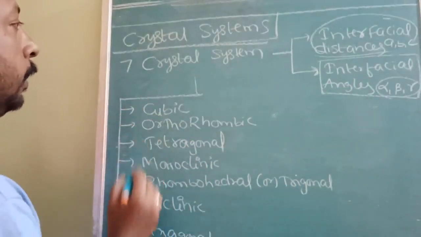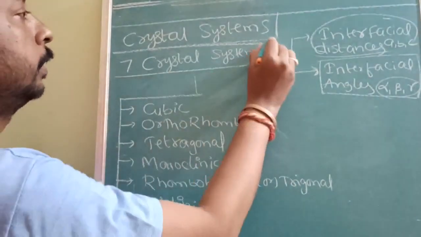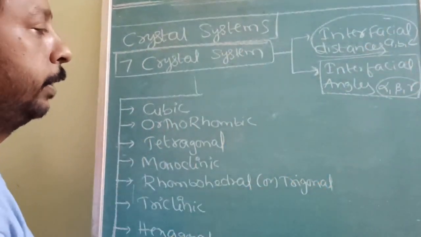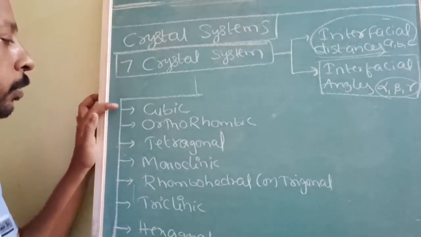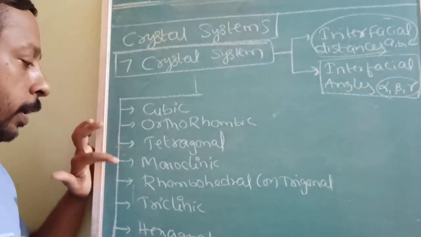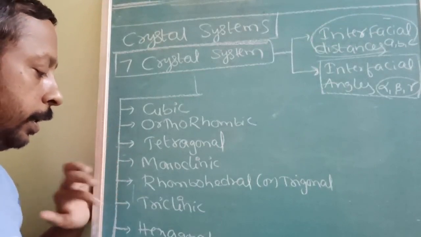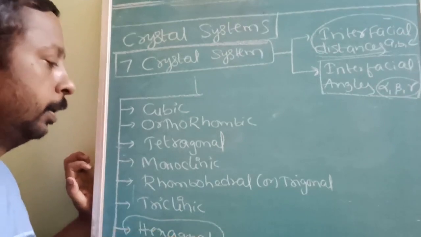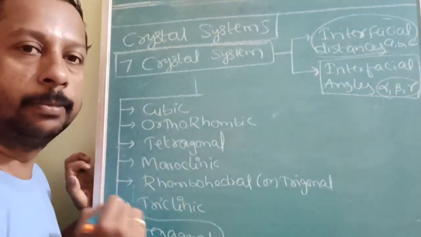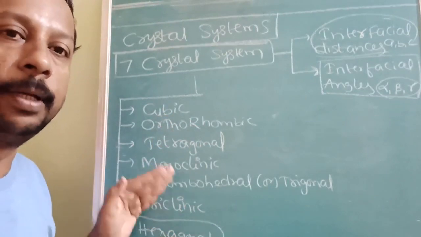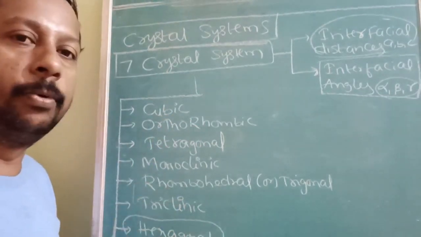These are the 7 basic crystal systems: cubic, orthorhombic, tetragonal, monoclinic, rhombohedral, triclinic and hexagonal. Except hexagonal, all of them are cuboid systems only.